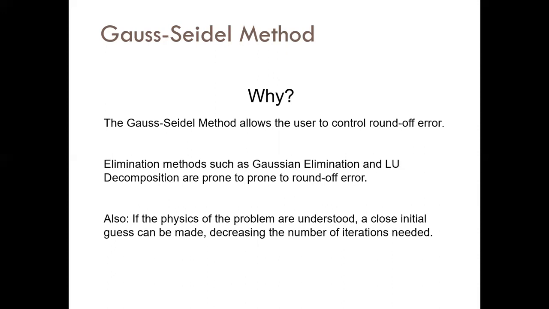Also, if the physics of the problem is understood, a close initial guess can be made, decreasing the number of iterations needed. By using physical problem solving, we can choose the initial value of the variable near to the final value.